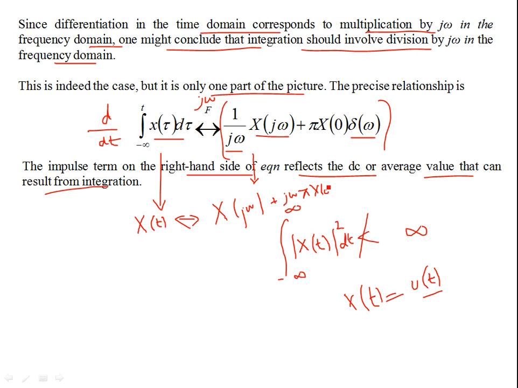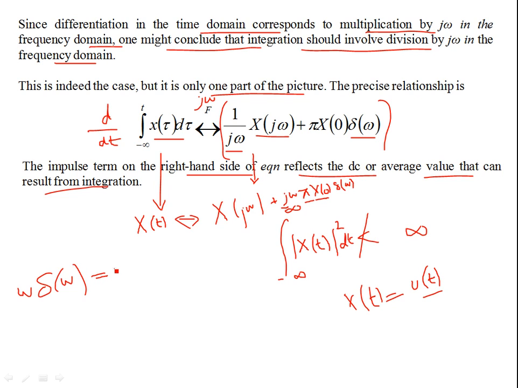delta(omega). So you see X(0) in the frequency domain is a constant. Pi is a constant, j is the imaginary number. What is omega delta(omega)? Omega delta(omega) is 0, right? Because the delta function exists only at omega equal to 0, otherwise it's non-existent.